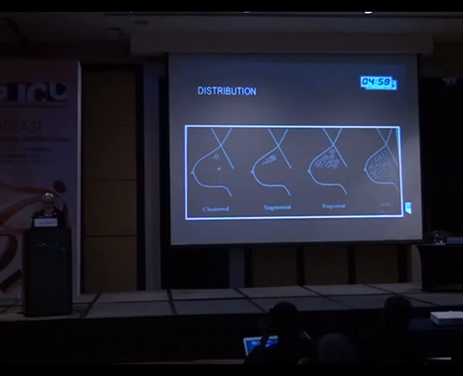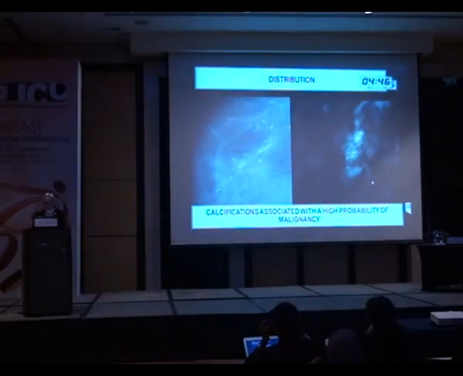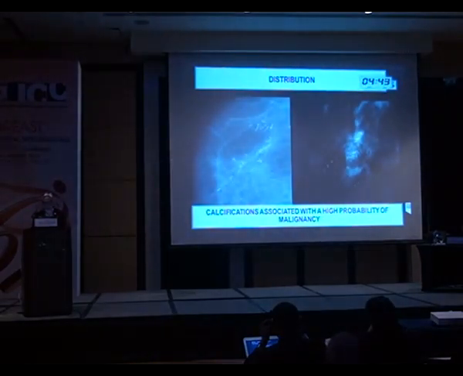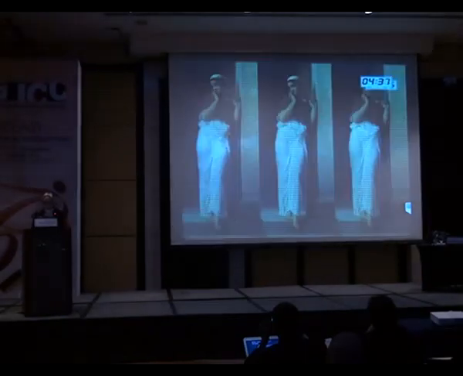According to the distribution, we can categorize as cluster, segmental, regional, and diffuse. Malignant calcification usually occurs with clusters and segmental microcalcification, but regional and diffuse calcification usually excludes malignancy. These are the two main important distributions, the fine linear and the cluster microcalcification.